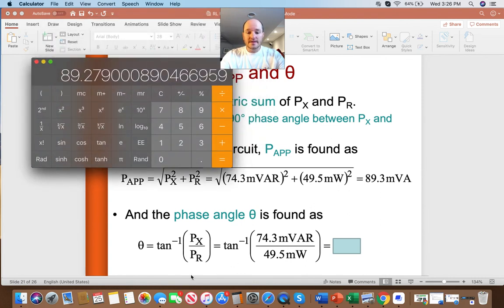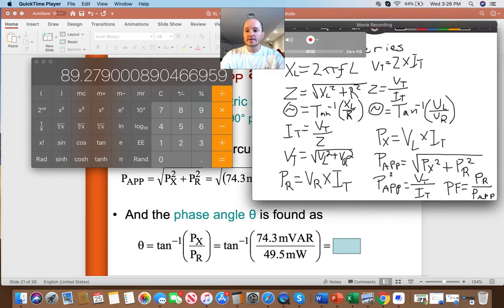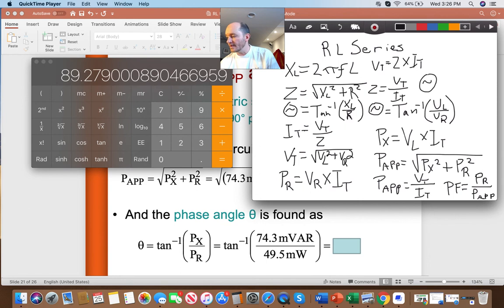So again, this is another formula that you're going to want to write down on your board, on your sheet of paper. I'll just write it over here so I have a little bit more room. The inverse tangent of the power across your reactive component, in this case PX, over PR, closed parentheses.